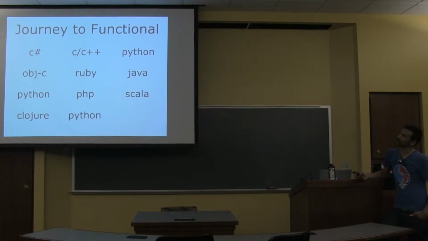So I moved to Python at that point, with a little Objective-C, Ruby and Java. Still a lot of imperative programming. Back to Python and then PHP. After the PHP gig, I was really more interested in functional stuff and started learning Scala on the side. And Hacker News is your friend. I went on Hacker News jobs and got a Scala gig through that.